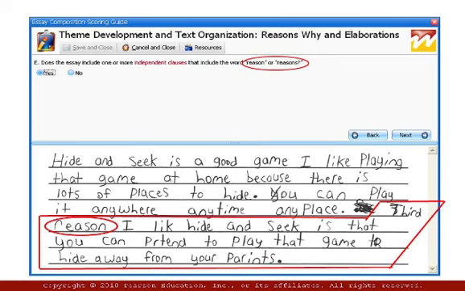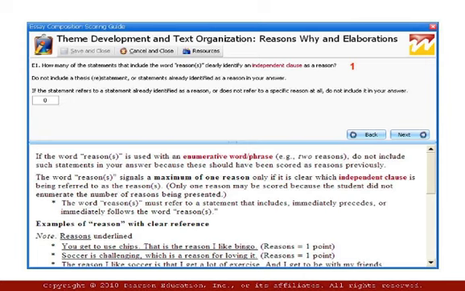Does the essay include independent clauses that... okay, it seems like, does it include that? Yes. I said yes on this one, and then I am moving forward. It's going to ask me how many, and the actual response to that first one is 1. However, do not include a thesis restatement or statements already identified. So I'm going to say 0 because I've already identified that as a reason.